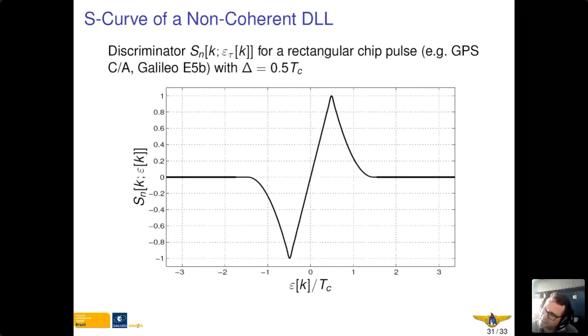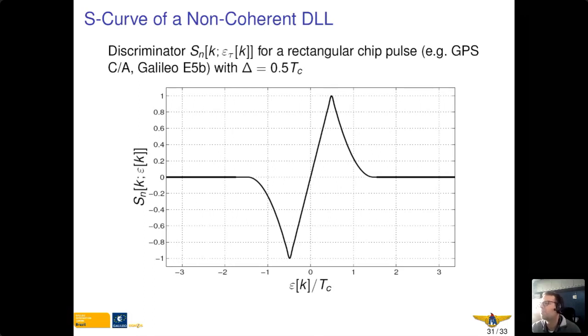This should be epsilon tau here, I'm sorry. So it's epsilon tau in the S curve, and epsilon tau also on the x-axis. And we see here that around where the error is 0, this S curve is very linear.